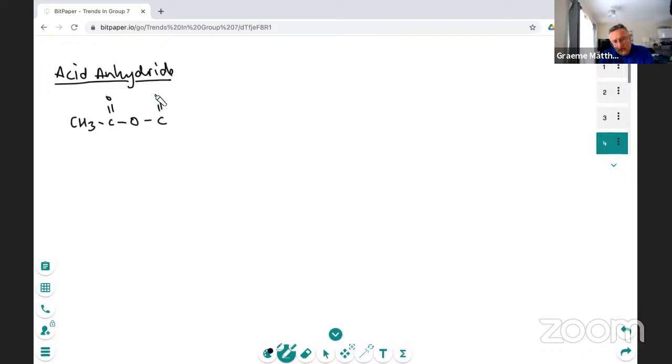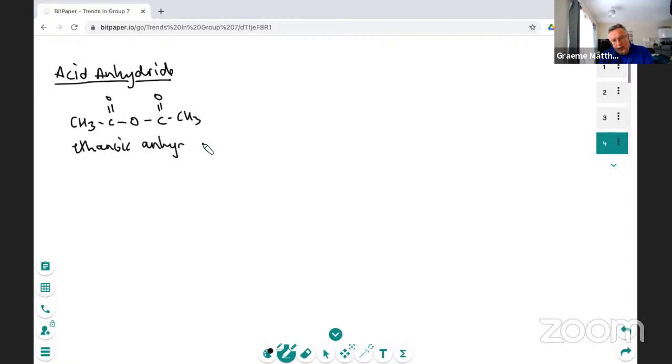Okay, like this. So we had, try it again. This is the ethanoic anhydride. The previous one was ethanoyl chloride. So this is my ethanoic anhydride.